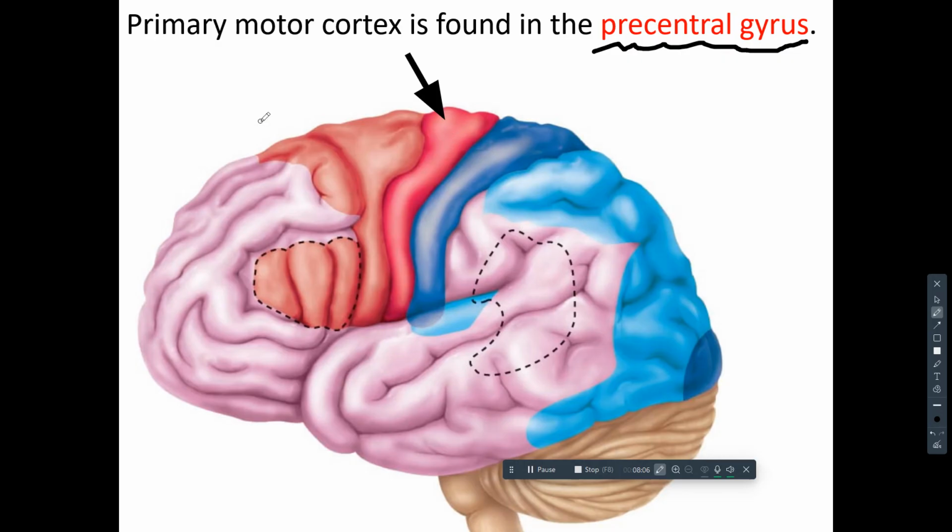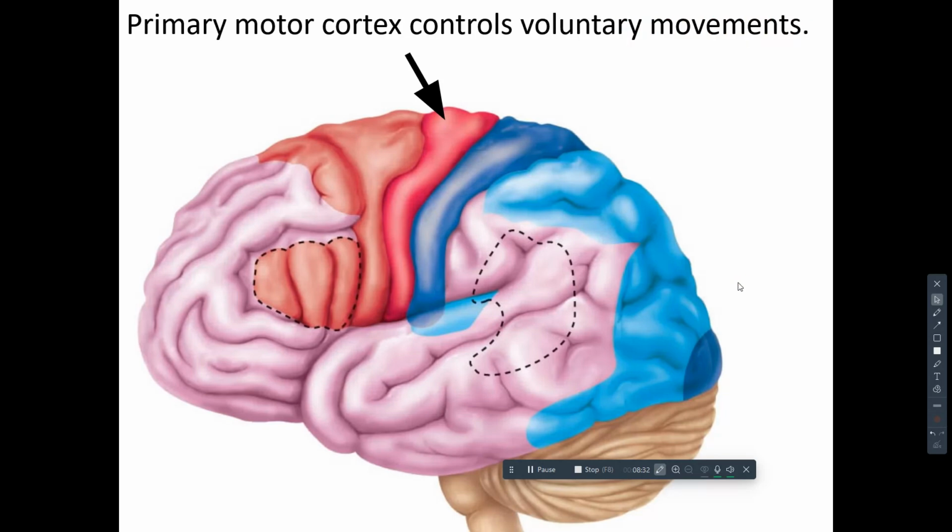And that's where I find my primary motor cortex. This is my main site of movement control. So when we're moving our body, we are using our primary motor cortex, which is in our precentral gyrus.